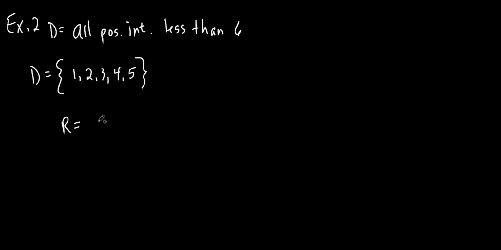I said 6 on the other one. 3 less x. How would I write 3 less x? Well, x minus 3 would be 3 less than x. This says 3, what? Less, which is minus, and then what? X. So that's your range right there.